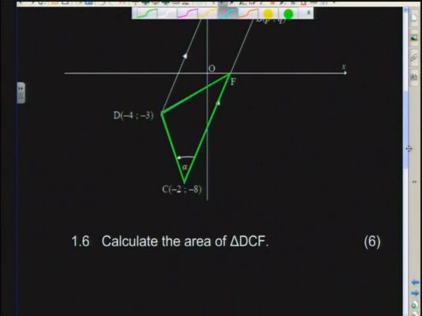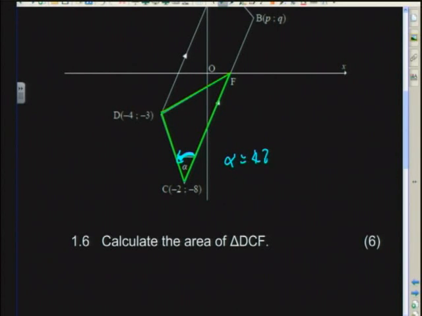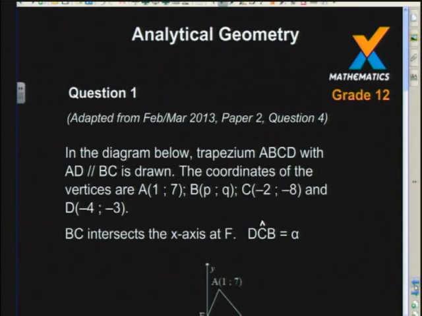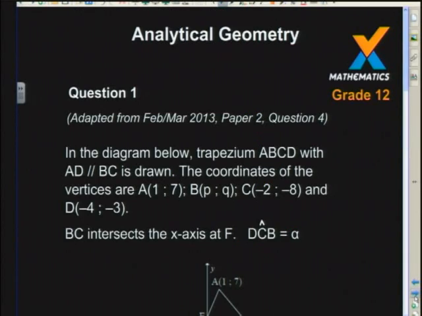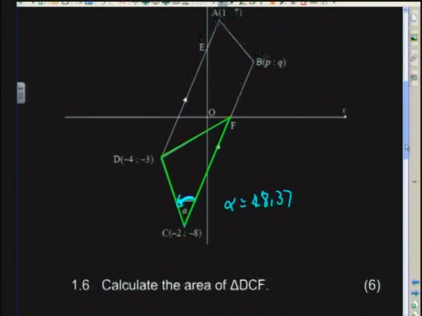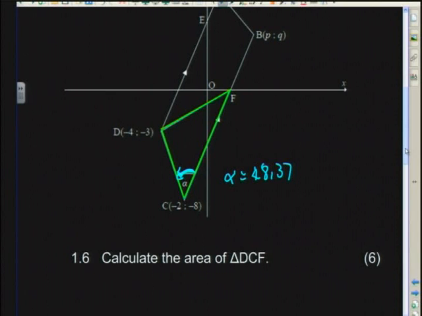Now, notice, guys, because you've worked out alpha, we should really try and use it. So there might be other ways to work out the area of triangle DCF, but we like to use the information that we've just worked out, which was angle alpha is 48,37. Let's just go back and make sure that was the value. Yes, okay. Right, so we've got that angle alpha is 48,37.